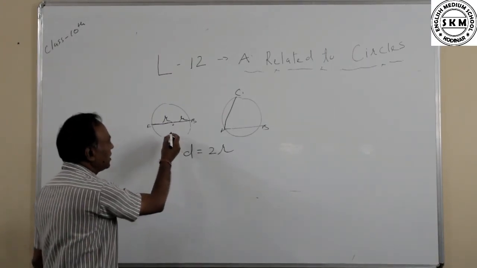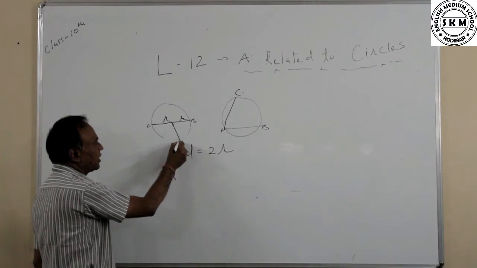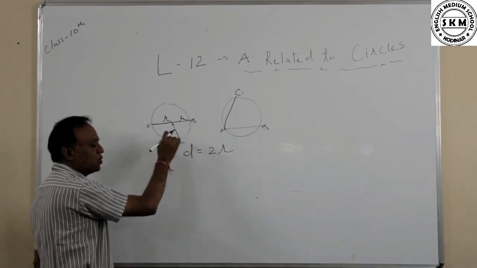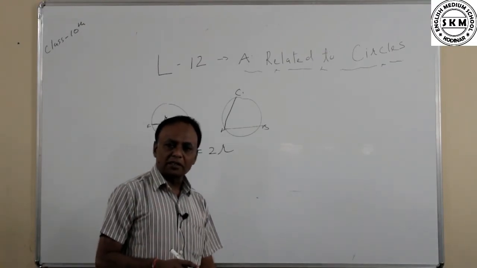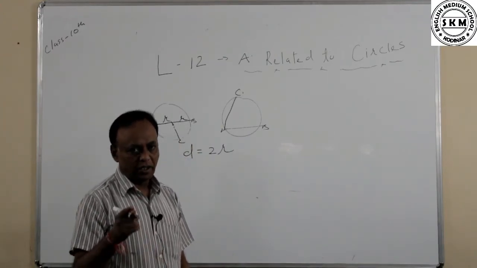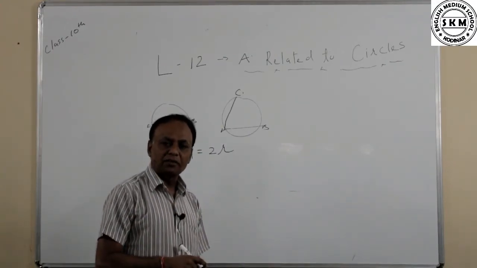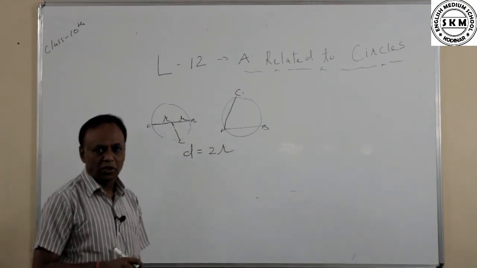Now here I explain it. Suppose OB and OC are the radius, but it is not a diameter. Why? Because it is not a chord.